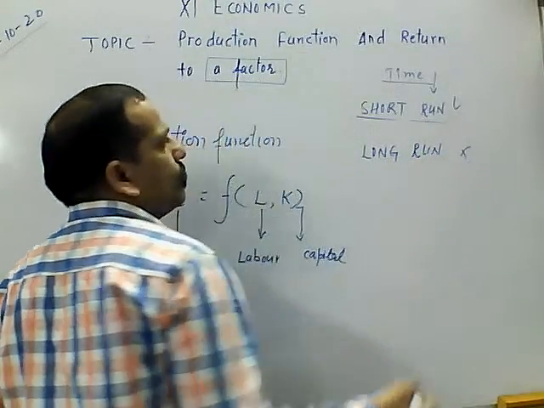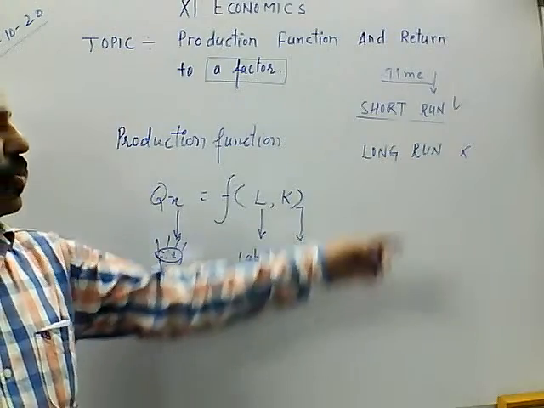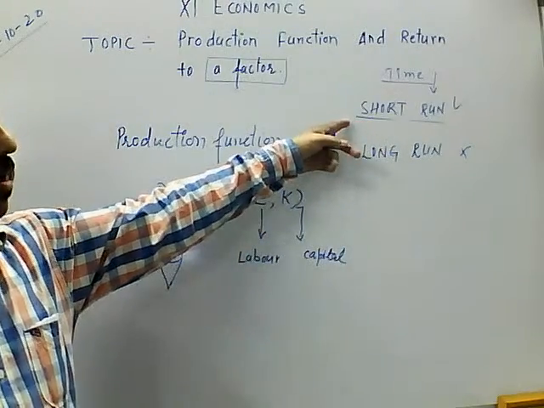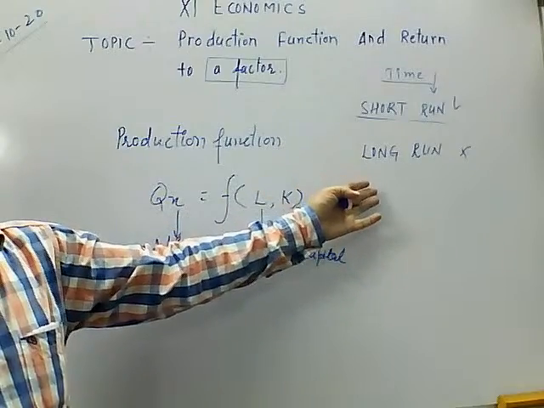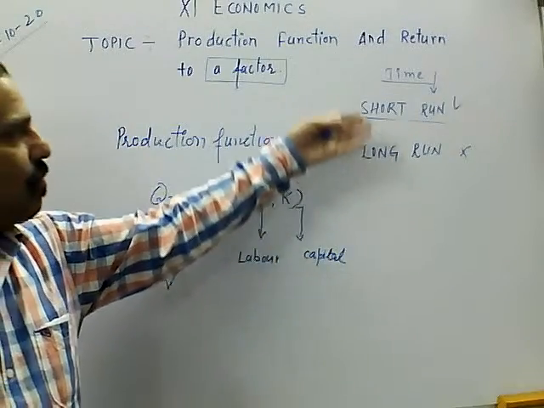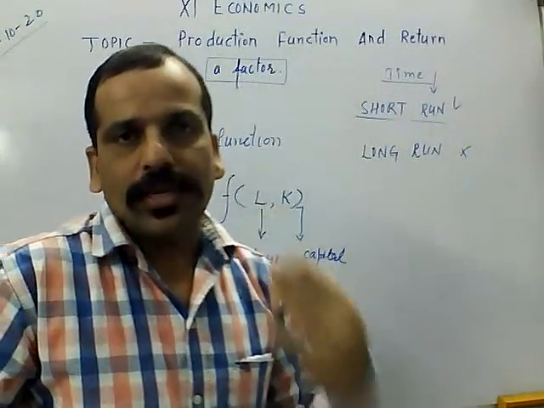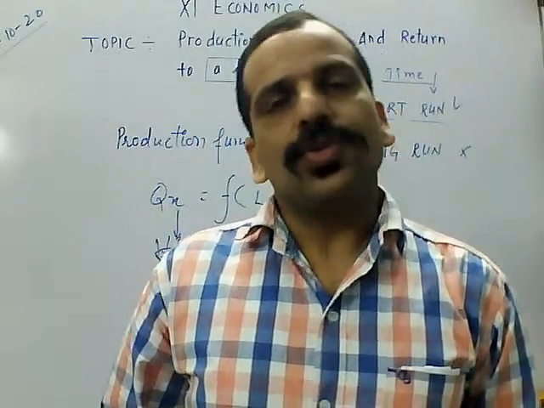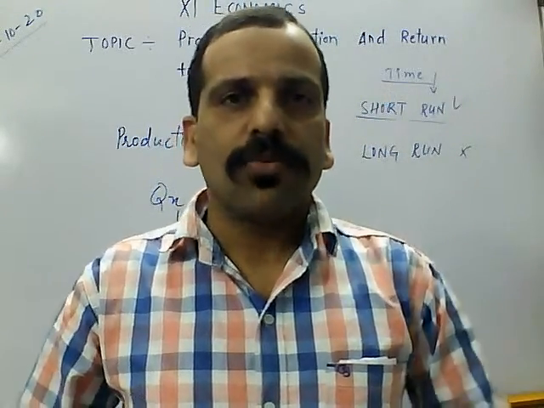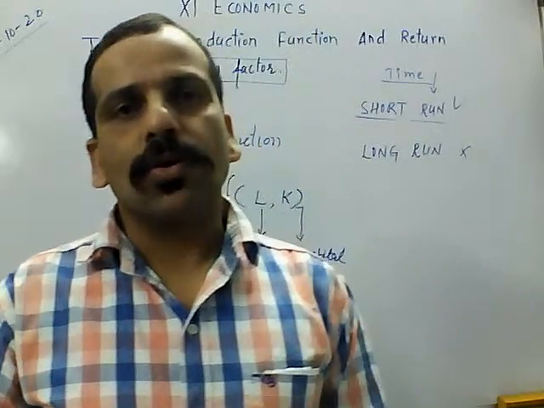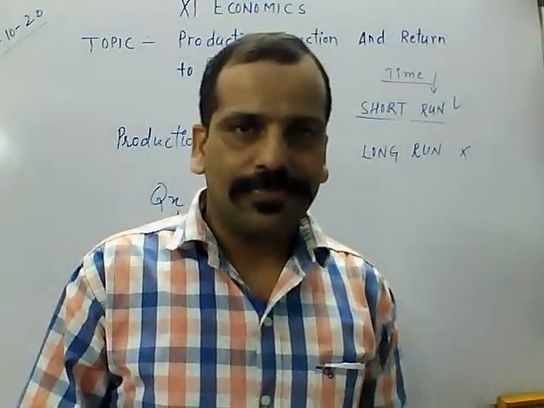In this chapter, we are more focused on short run rather than long run. Okay, so there is more about the short run in this chapter. See, there are a number of theories written by different economists over a period of time, and all the theories cannot be studied at a time.